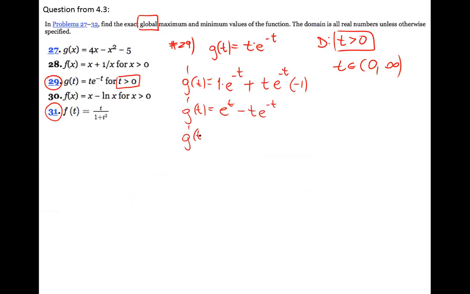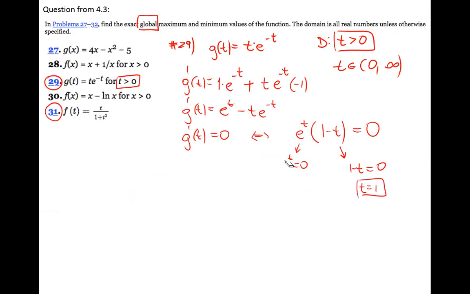And we can try to find the t value where the derivative is 0. I can factor out e to the negative t. Then I have e to the negative t is 0, or 1 minus t is 0. 1 minus t is 0, of course t is 1.